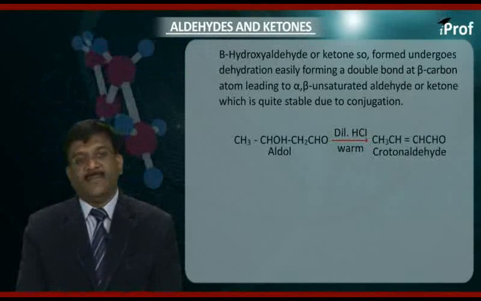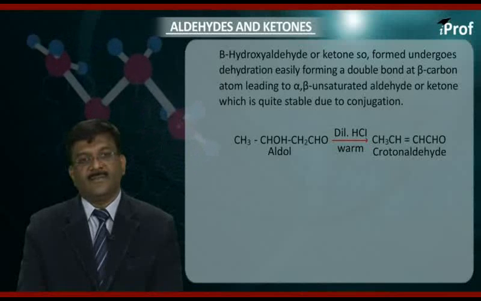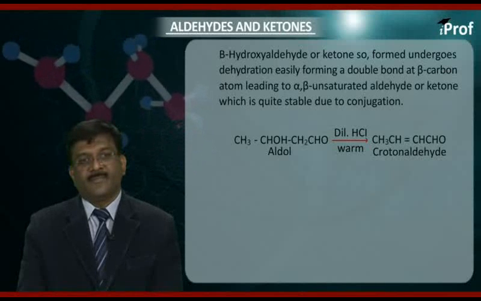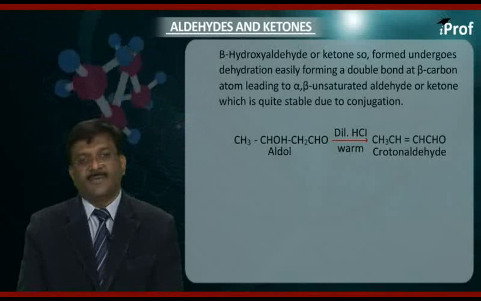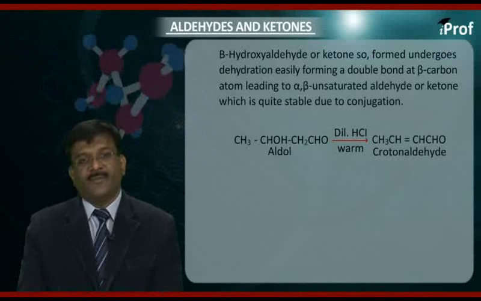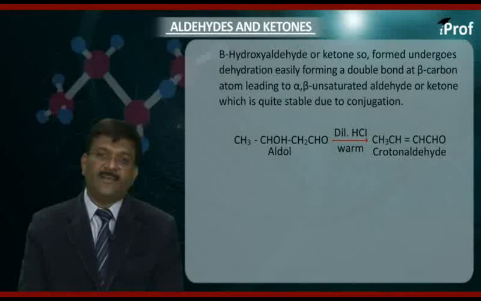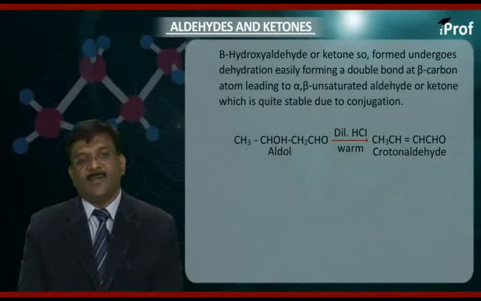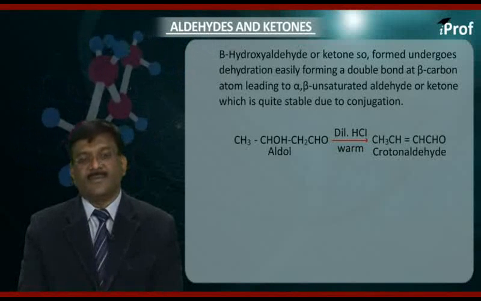The example reaction CH3CHOHCH2CHO, this is aldol. When warm in presence of dilute HCl, it gives CH3CH=CHCHO, this is crotonaldehyde.